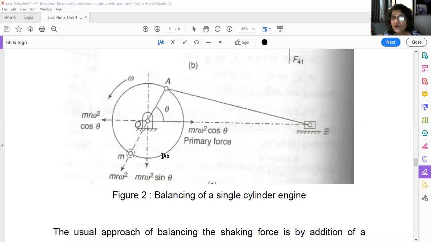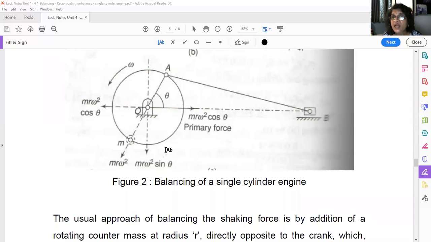Now, because of Mr omega square sin theta, your engine will vibrate vertically, up and down, and not to and fro, because this force is balanced but this force is unbalanced. So you have only shifted the vibration from along the line of stroke to perpendicular to the line of stroke. But what is the solution then?